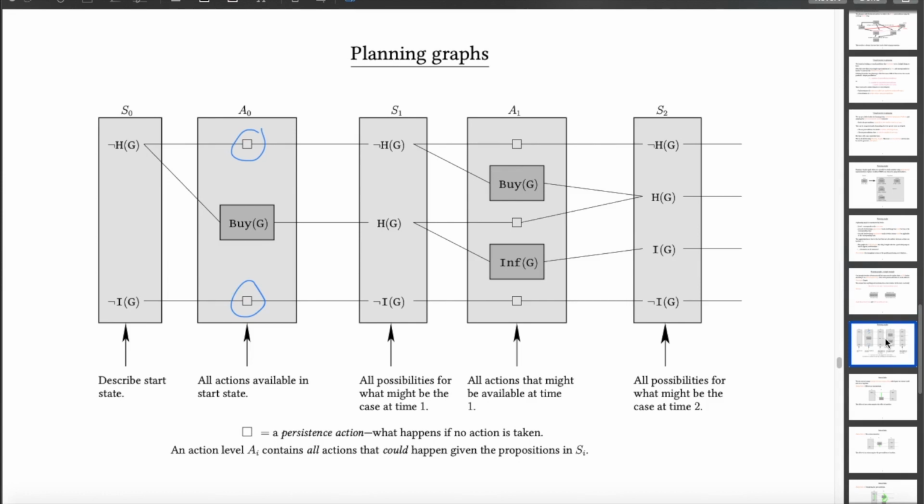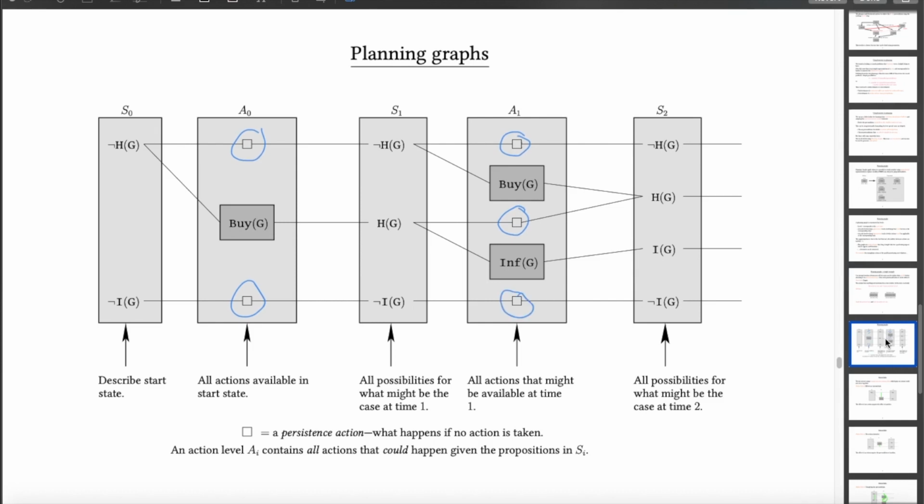If we now move on from S1, we look at all the actions that are possible given the propositions that appear in state S1. And so there will be a persistence action for each proposition within S1, namely one for not h of g, one for h of g, and one for not i of g.